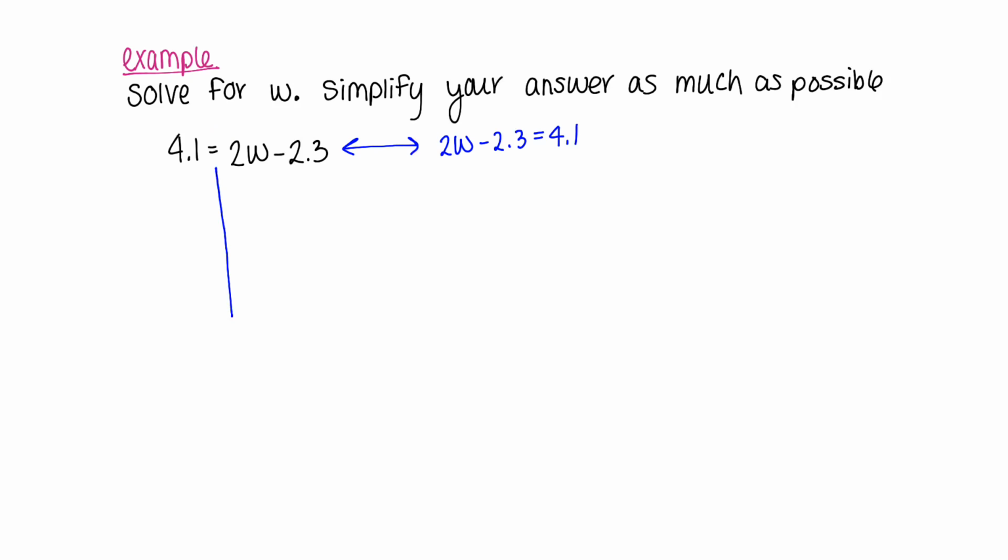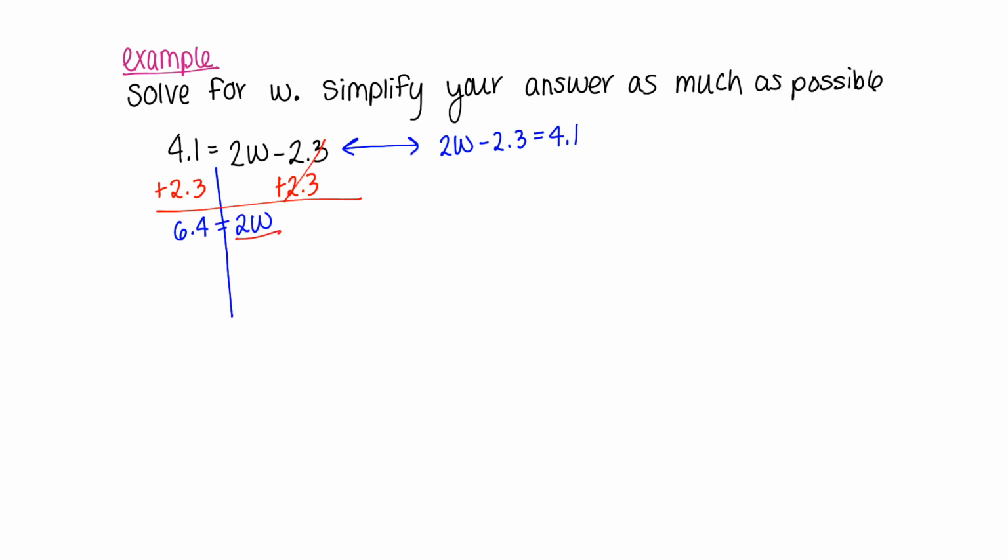I'm going to go ahead and solve it in its original form, but just know that you could do it like this if that made more sense to you. Just make sure you leave everything as it is on each side. So here, to get the 2w by itself, I'm going to go ahead and add 2.3 to both sides. That will cancel those 2.3s out. 4.1 plus 2.3 is going to be 6.4, equal to 2w.